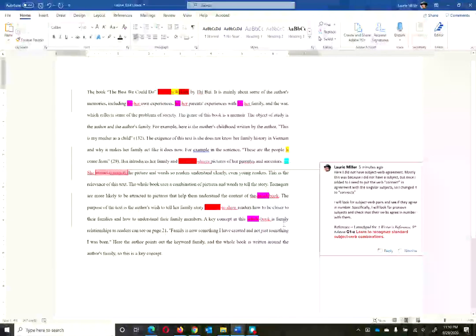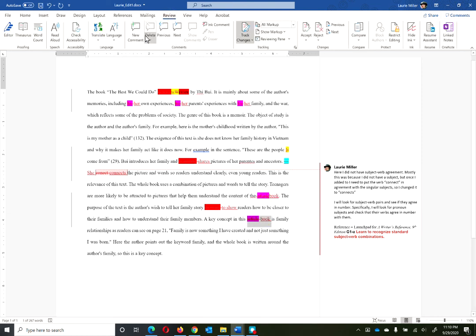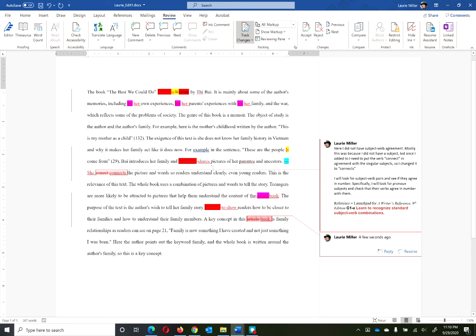For my second comment, I would choose my second most favorite error, this word choice error. What is the type? Here I made a word choice error.